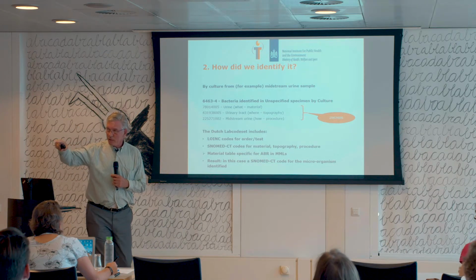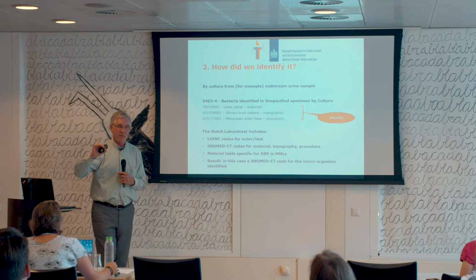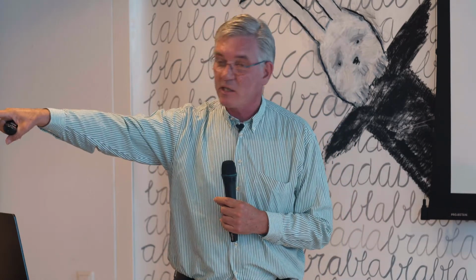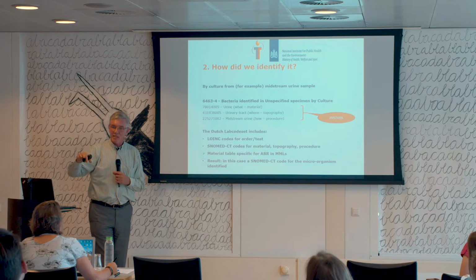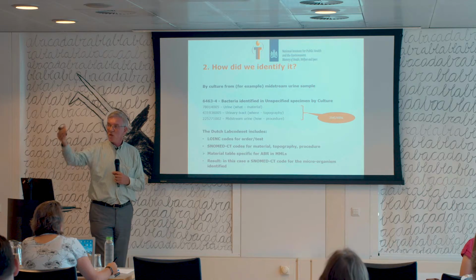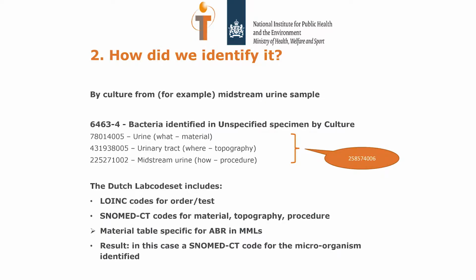We are using LOINC and SNOMED, but the Dutch lab code set takes a very specific perspective on which codes you are using where. We could have used the other code for those 3 things that are there. And if you look it up, it actually specifies that it is the exact same thing. But to make it easier and to have a standard format for these codes, we say within ABR that this is the way we do this.